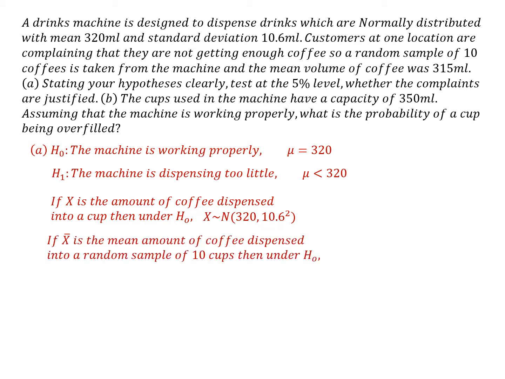But the distribution of the sample mean, x bar, will have a slightly different probability distribution, and the difference is that the variance is divided by the sample size. So the variance of the mean of a sample of 10 cups will be 10.6 squared over 10. So that means the standard deviation will be the square root of that.